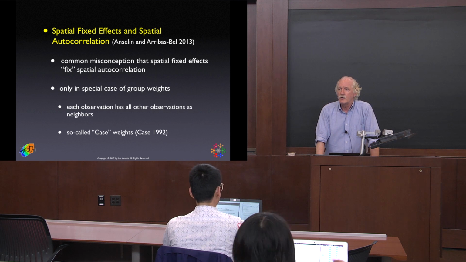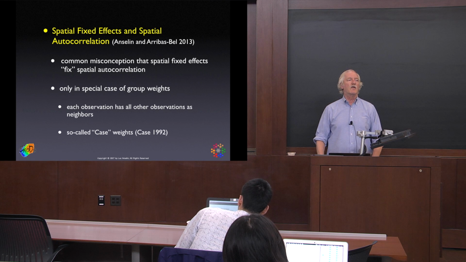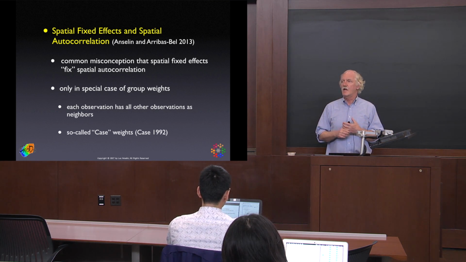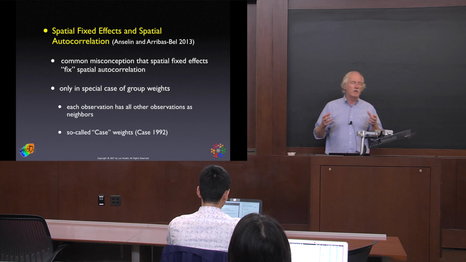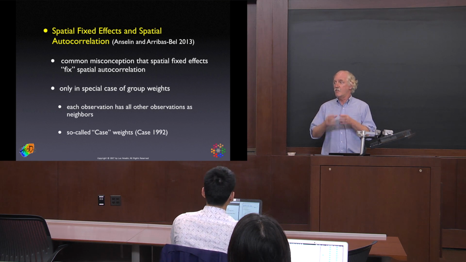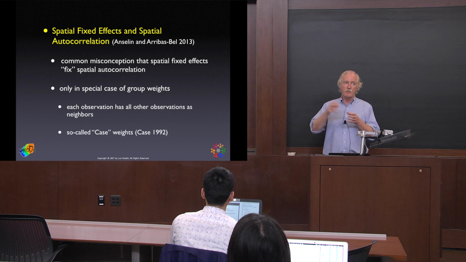It only does fix it if you have autocorrelation of the equal correlation type, which is a kind of a side effect in panel data very often. In panel data, because of the shared time effects, you get a spatial correlation that everybody in the same time period is correlated with everybody else.